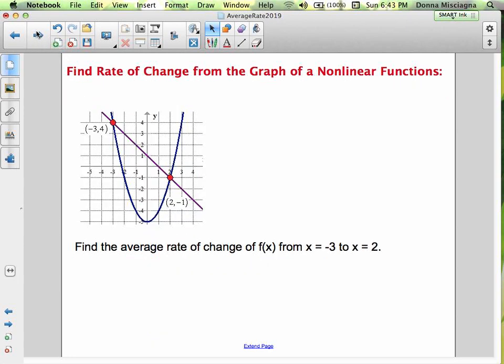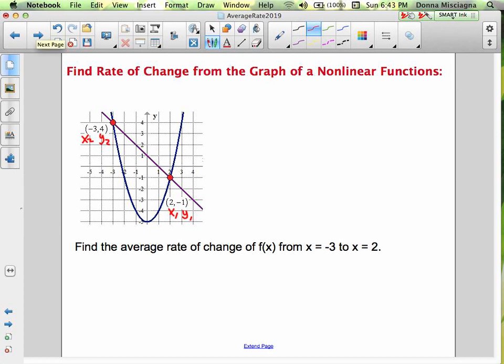All right, so now we have another quadratic equation. This time we're finding the slope between these 2 points. We'll go left to right, so x2, y2 and x1, y1.